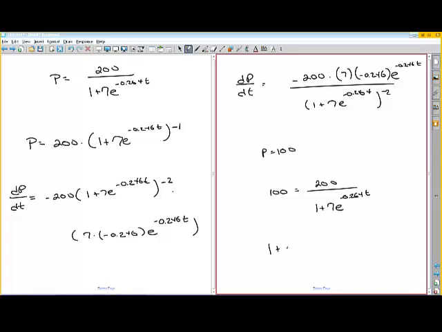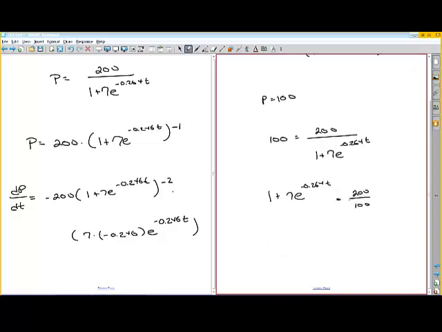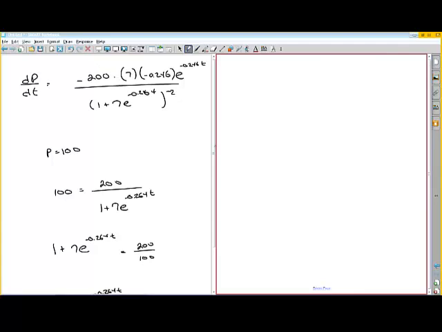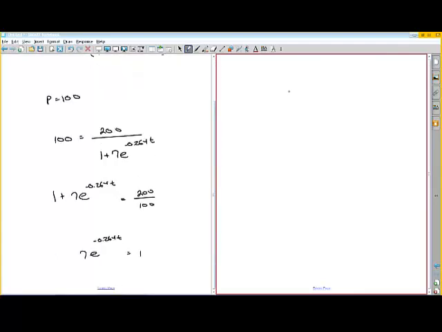So that's the same as 1 plus 7e to the minus 0.246t is equal to 200 divided by 100. So that's 2. 2 minus 1 is 1, so we get 7e to the minus 0.246t is equal to 1. Divide both sides by 7, so we have e to the negative 0.246t is equal to 1/7.